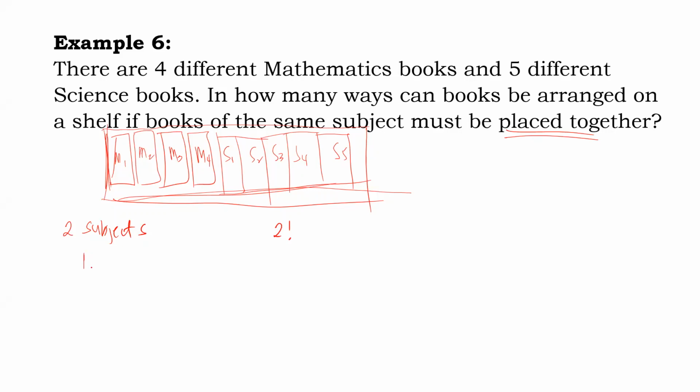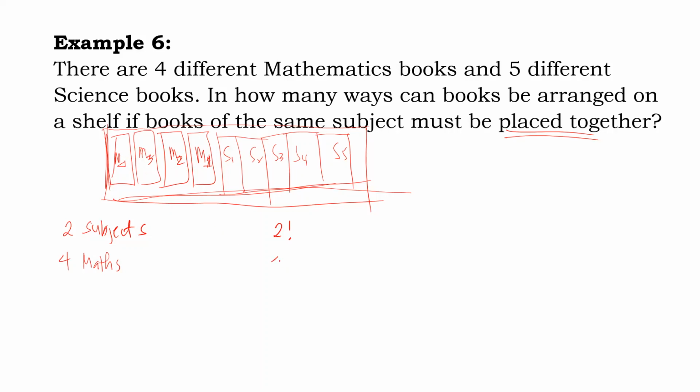Now, kay mathematics naman, pwedeng ganito ang arrangement. Pwedeng nandito si 4, pwedeng nandito si 1. Another arrangement. Pwedeng nandito si 4 followed by 3 followed by 2. And so on and so forth. Madaming arrangement. Now, in how many ways are you going to arrange this math?